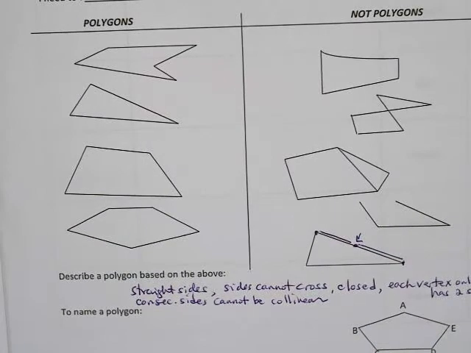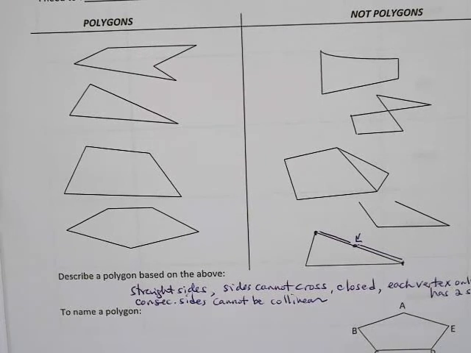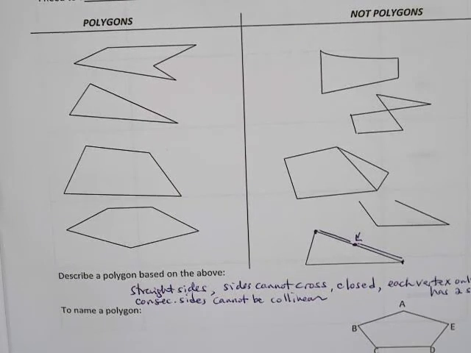Okay, so to name a polygon, just like we name a triangle, you're going to name the vertices, and they have to go in order. You can start at any one you want, but you have to go clockwise or counterclockwise. So I could not do B, E, C, A, D. That would not be a good example.